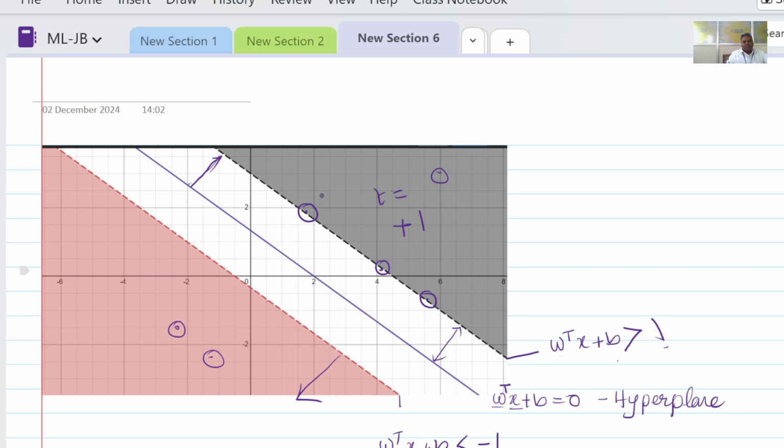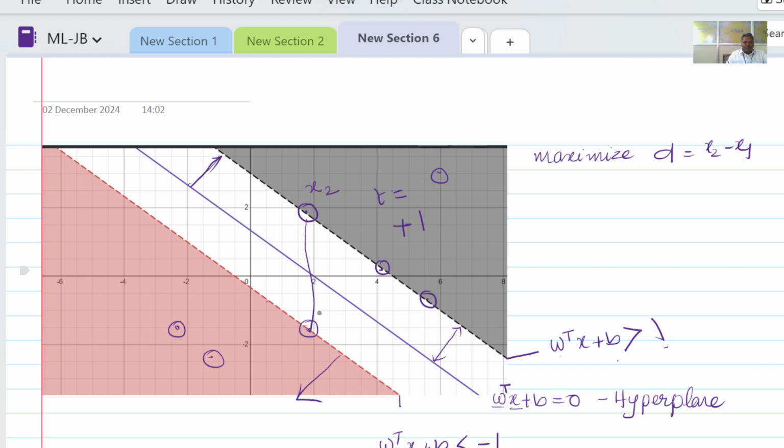So let us consider 2 points. This is x2 and this is somewhere here x1. I want to calculate this difference and maximize it. Maximize d. What is d? d is the distance between these 2 points, x2 minus x1. But this is not a perpendicular distance.